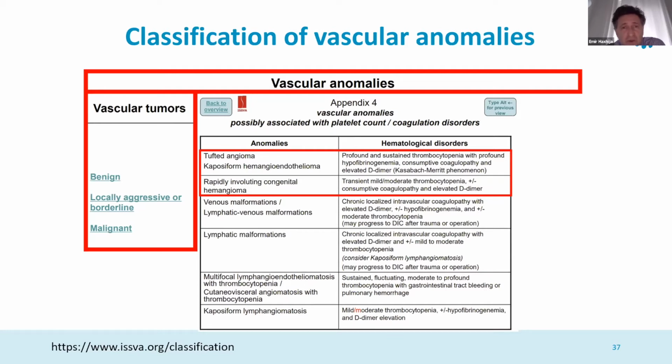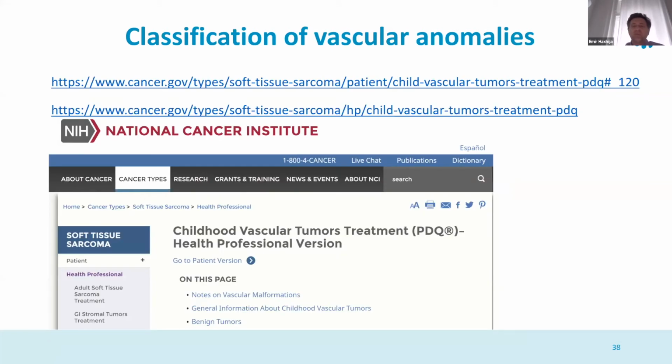But also a number of vascular malformations we will later on talk about can be associated with very similar hematologic disorders. So these two groups can sometimes be difficult to distinguish from each other, and a biopsy will be needed.